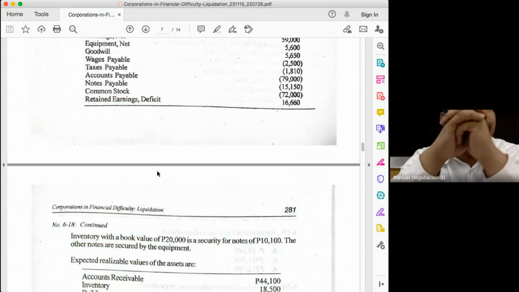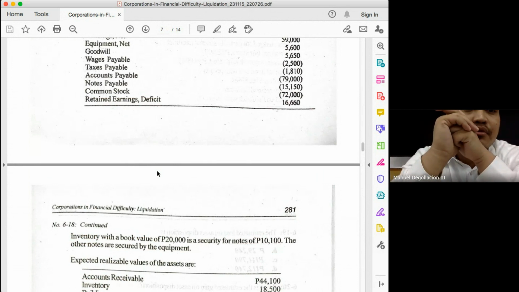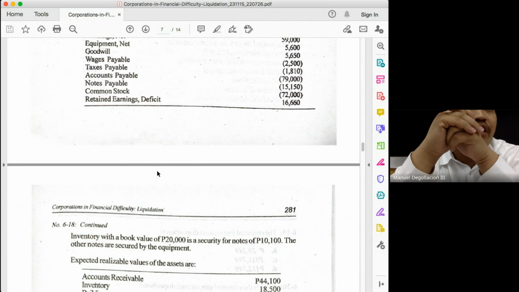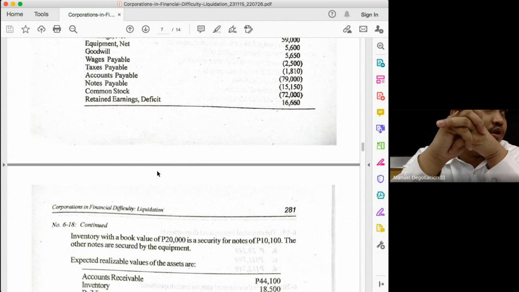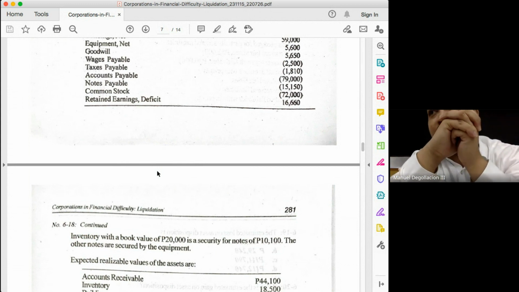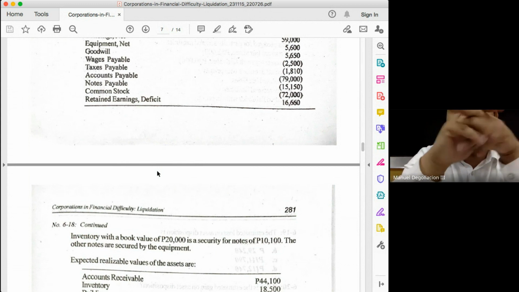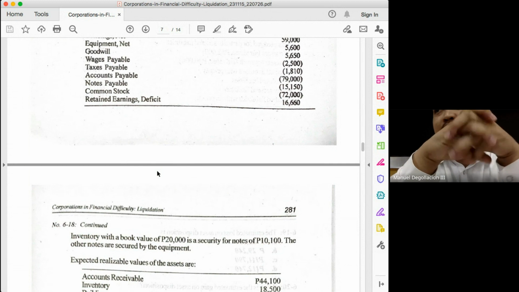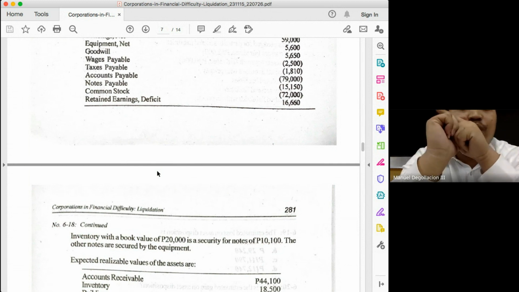Wages payable, will this be fully secured, partially secured, unsecured with priority, unsecured without priority? Unsecured with priority. Because again, the three common types of expenditures or payables that are considered with priority by provision of law are your salaries and wages, taxes due to the government, and administrative expenses related to the liquidation.